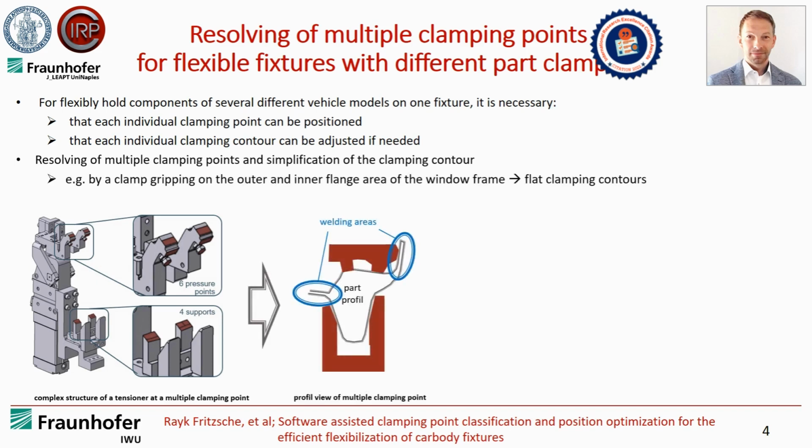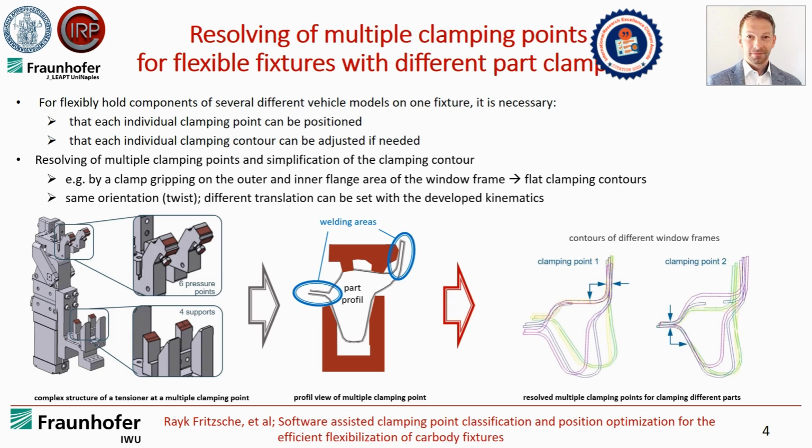In this example we do this by repositioning the clamp gripping on the outer and inner flange areas of the window frame, which is shown here in the middle picture, because these are the areas of flat contours, and so we have flat clamping contours.